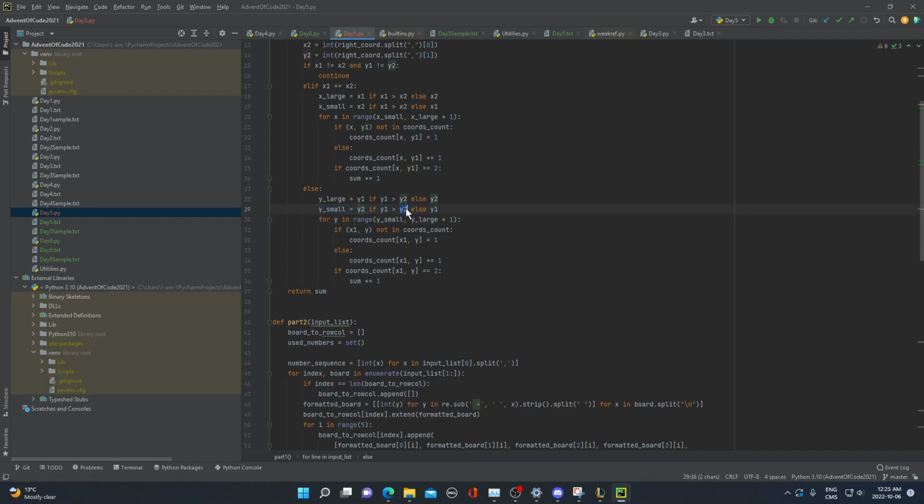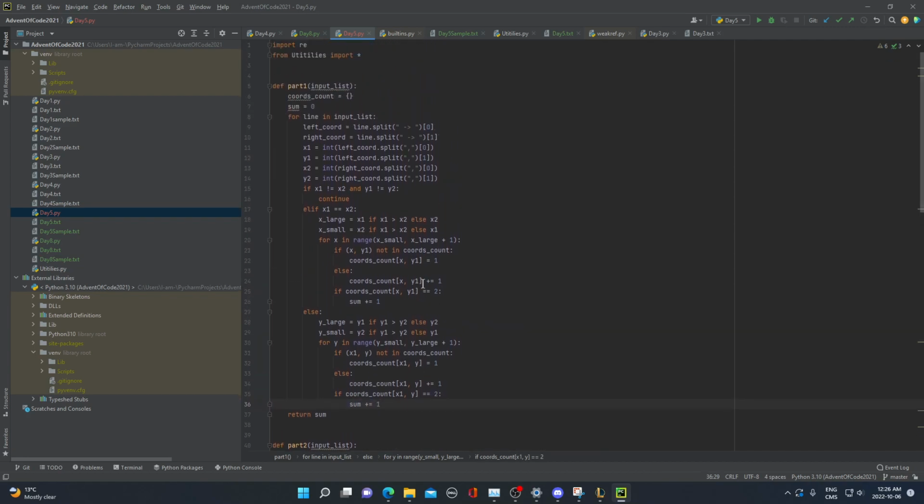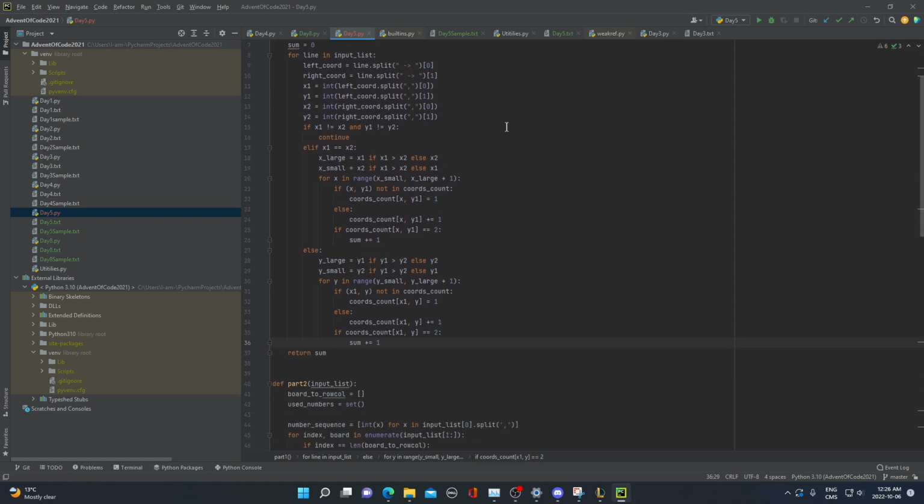Okay, this is both correct. If it's not in it, then we initialize it so we don't get an error, or else we add it by 1. Return sum. It should work. I don't know.